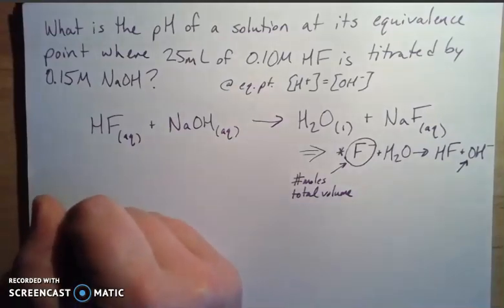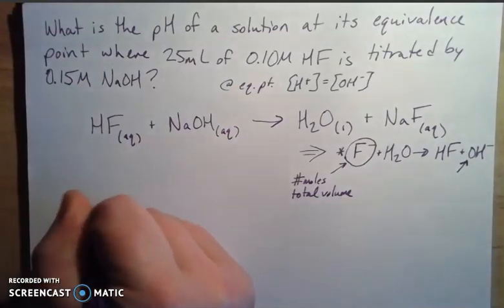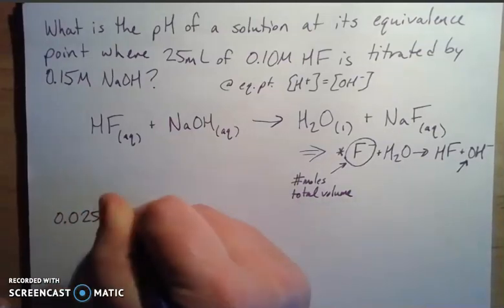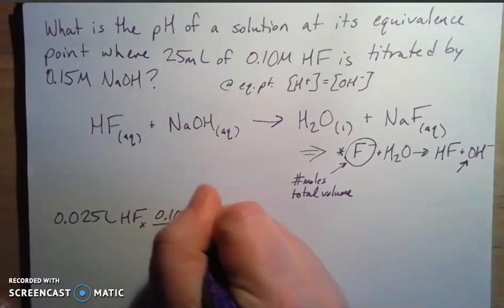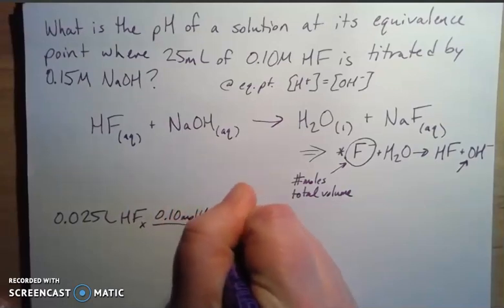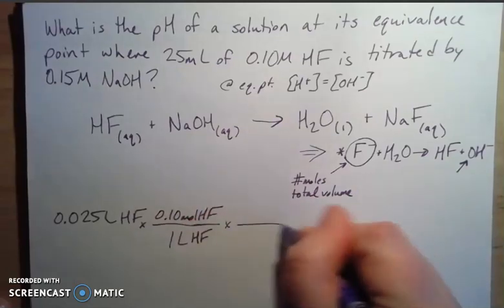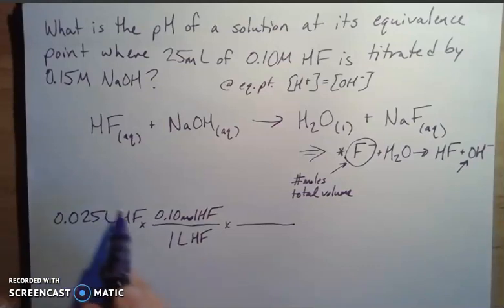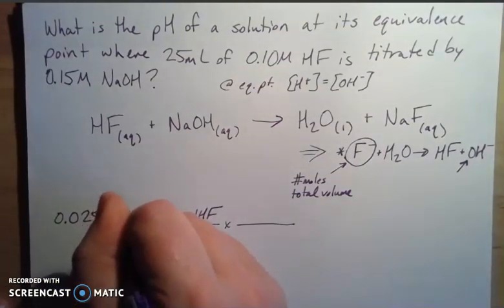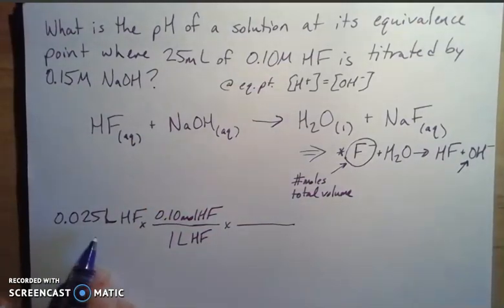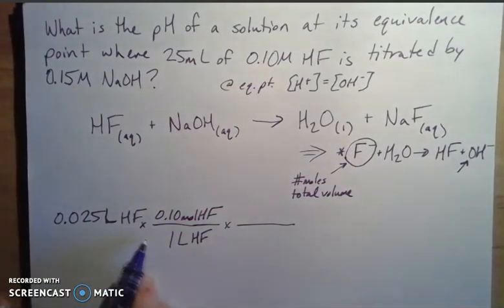Okay, so let's take what we know about our hydrofluoric acid. This is just going to look like any other titration type problem. I'm going to do this conversion right off to simplify my math. You guys are snappy with metric conversions at this point. So my 25 milliliters of hydrofluoric acid is 0.025 liters of hydrofluoric acid.